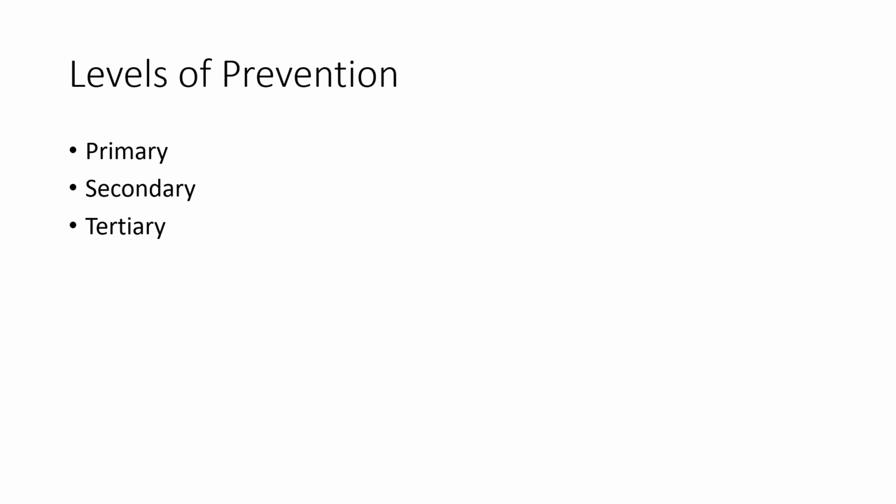Secondary would stand for screening, examples of which would be blood pressure monitoring, annual physical examinations, school examinations, and pap smear. Tertiary would be treatment and control of disease progression. So anything that would need treatment and rehabilitation would fall under tertiary.